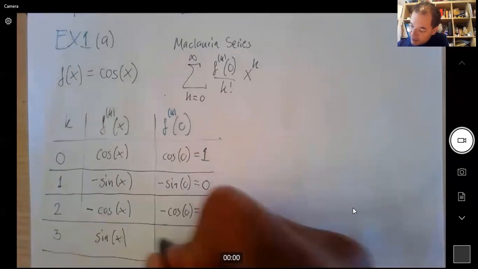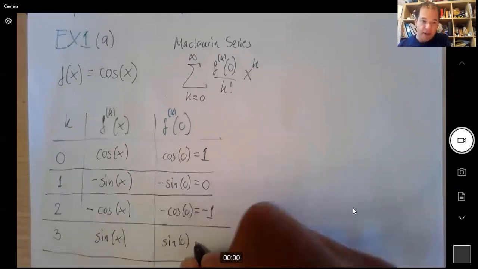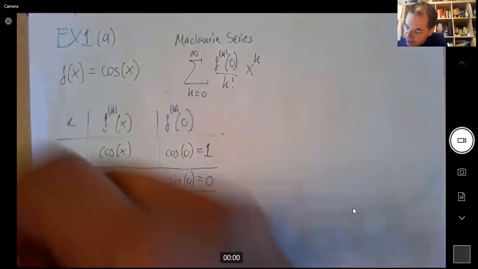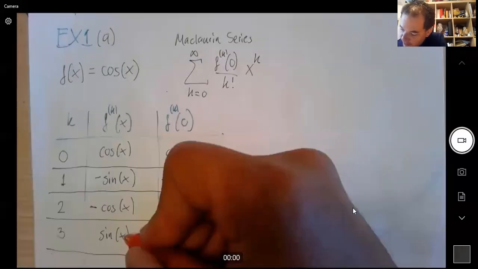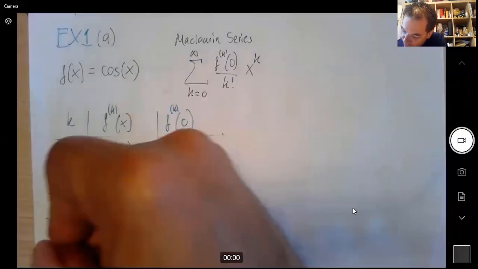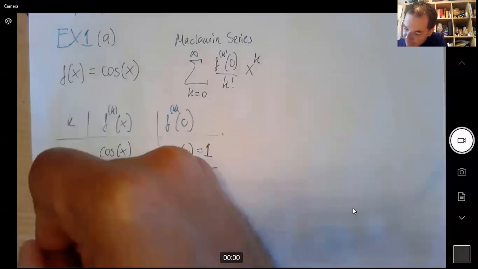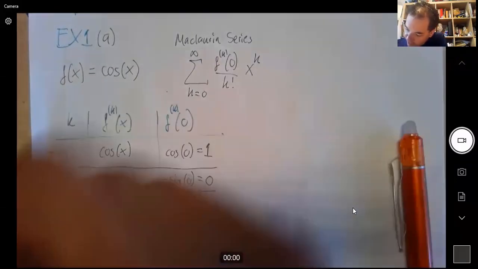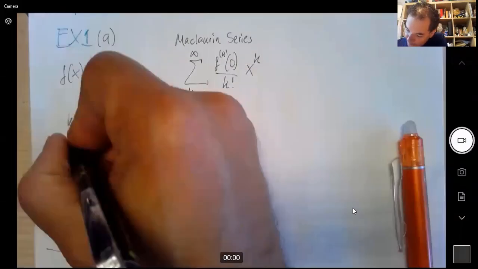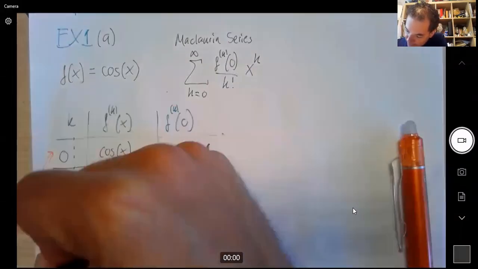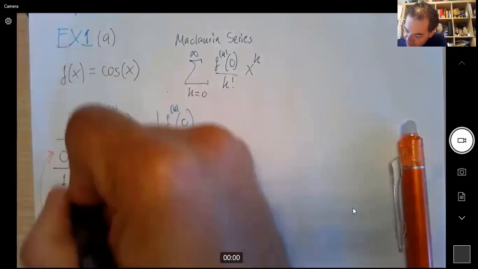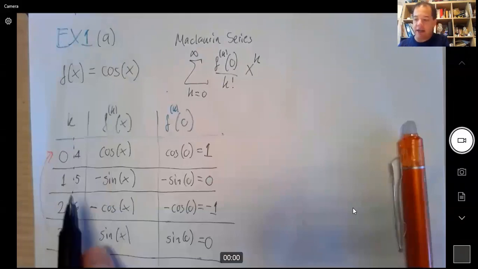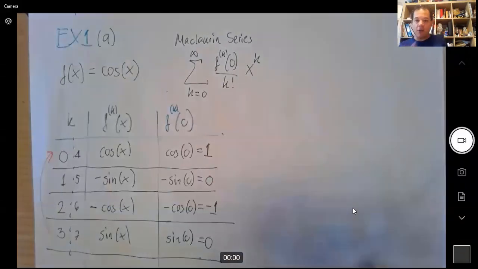So this is sine of 0, which is 0. And then we know what happens after this, right? The fourth derivative becomes the same as the original, since the derivative of sine is cosine, so it becomes cyclic, right? So k equals 4 will be here, and 5, and 6, and 7, and then we go around, and then it's 8, 9, 10, and 11, and so on, right? So I think we got it.